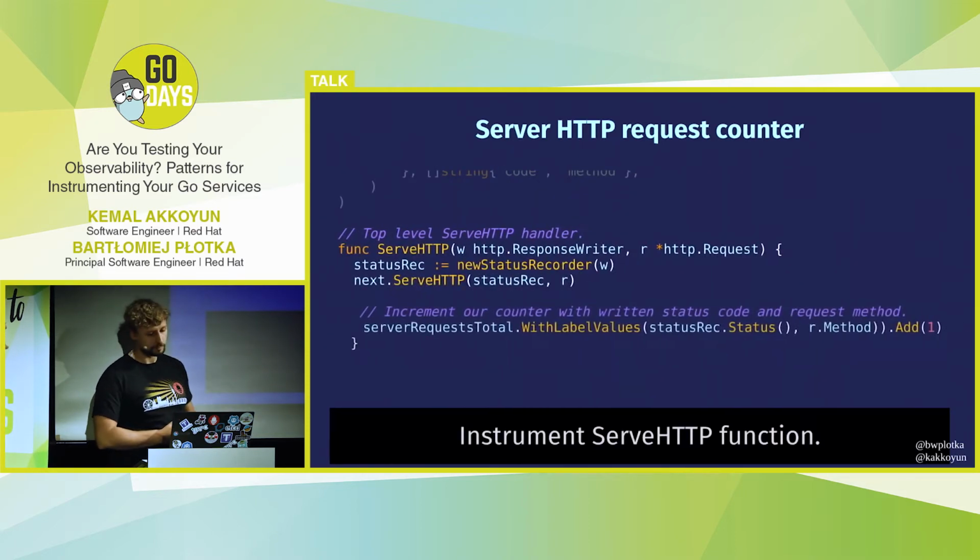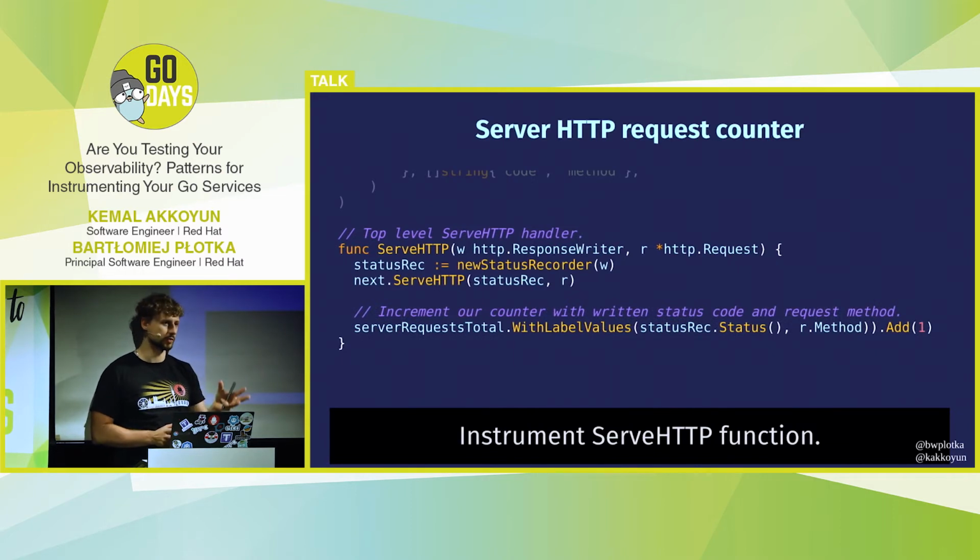The next step is to actually count those requests. So let's create a simple wrapper over ServeHTTP, which will increment the counter once the wrapped handler responds with some code. We need some trickery here to record the status and then increment our counter.